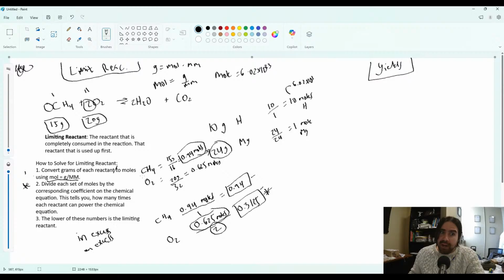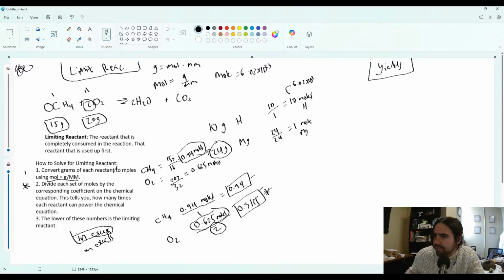And I won't give you how many grams of oxygen there are, right? And so then you'll be like, oh my gosh, Dr. K, there's no way I can figure out what the limiting reactant is. As soon as I say that a reactant is in excess, the other reactant is the limiting one. So if I said, hey, I have 15 grams of methane and an excess of oxygen, then you know that methane is going to be the limiting reactant. So whichever reactant is not in excess, that's going to be our limiting reactant.